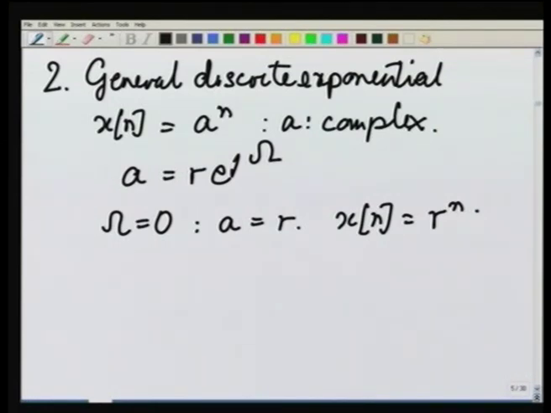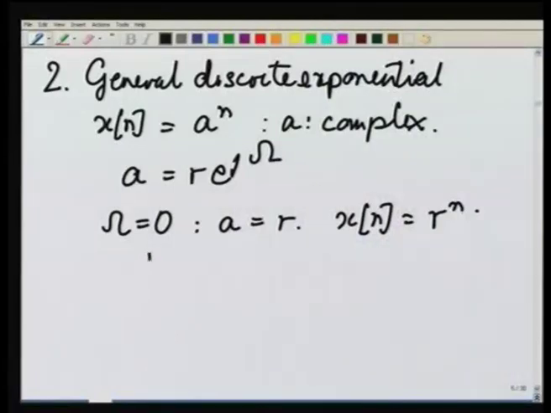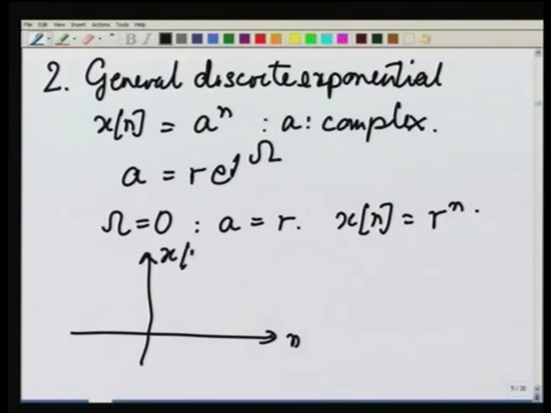Now, r to the power n will simply be a function which grows either to the right or to the left. When does it grow to the right and when does it grow to the left? Suppose we have this as our axis, this is n and this is x of n.